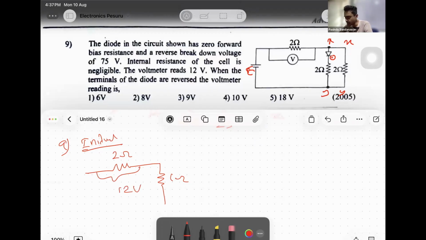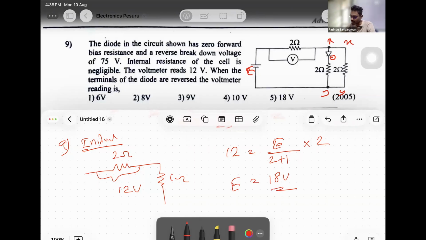Apply potential divider: 12 equals E over the addition of resistors, 2 plus 1, times 2. Then E becomes 18 volts. Then the total of the battery is 18.